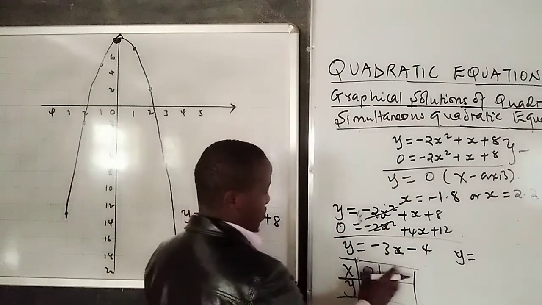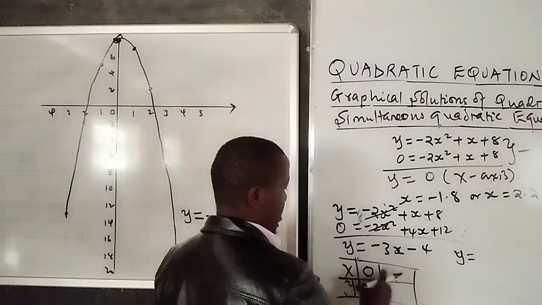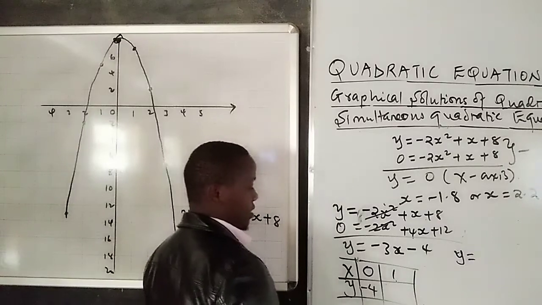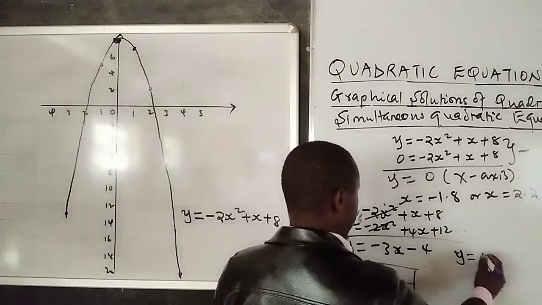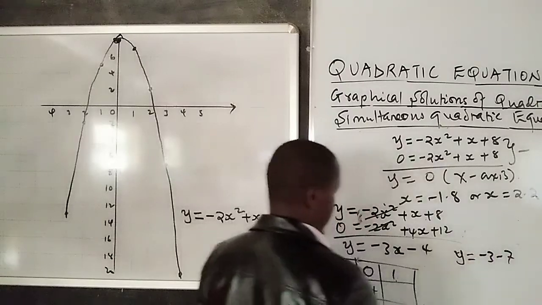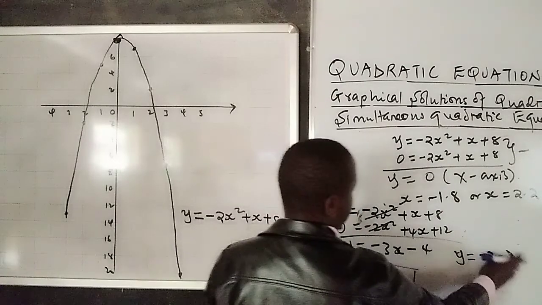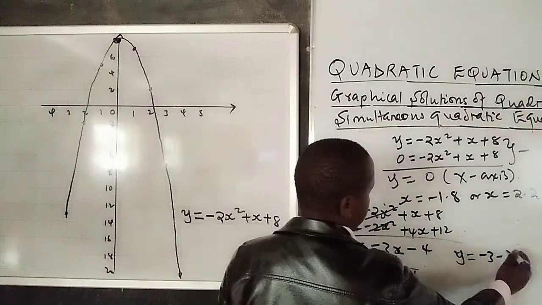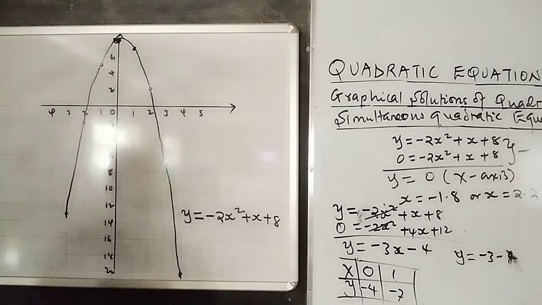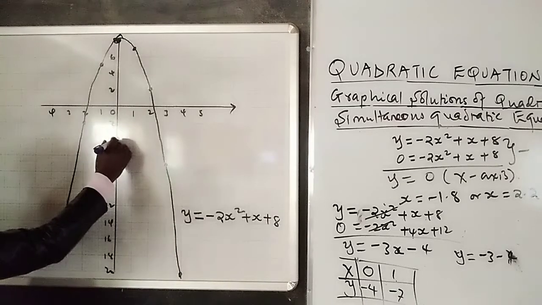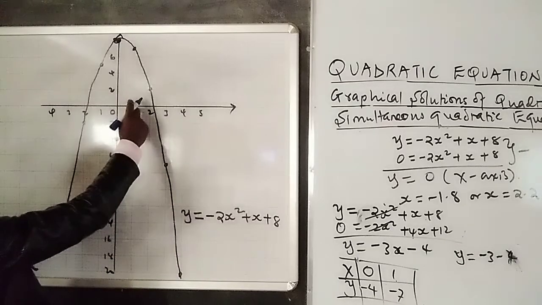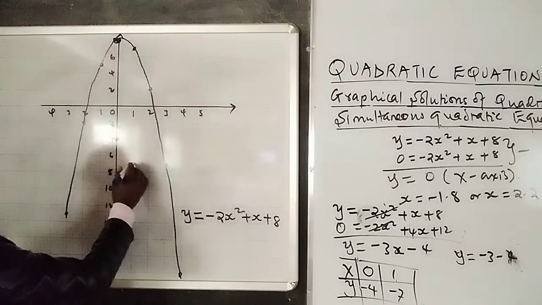When x is 1, we have gone too much. When x is 1, y is going to be negative 3 minus 4, negative 7. Therefore, 0, negative 4, then 1, negative 7 here.